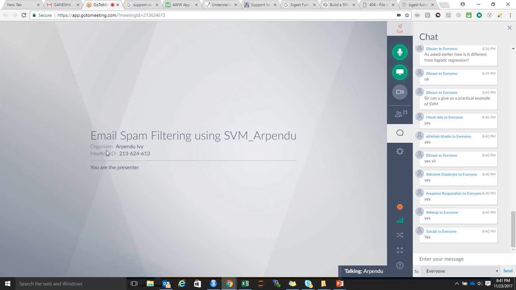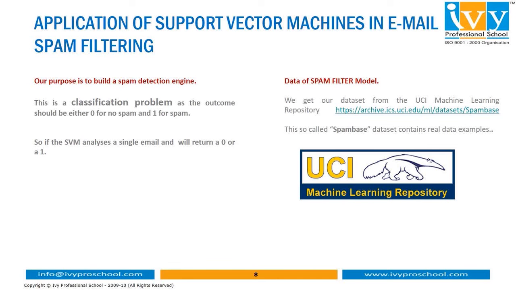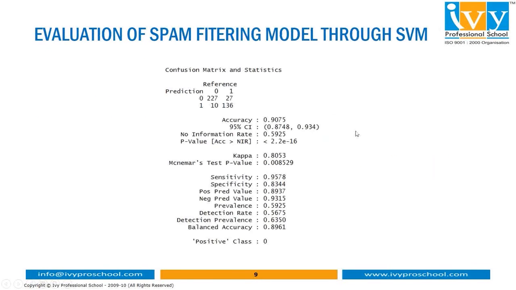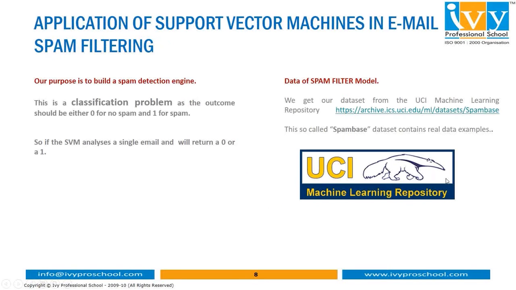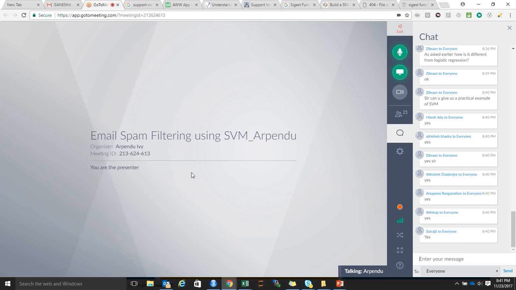So here I am using this data set called spambase, which comes from the UCI machine learning repository. I'll show you the data. All of you possibly receive certain spam mails, for example that you have won a lottery, or you won a ticket, or something like that.